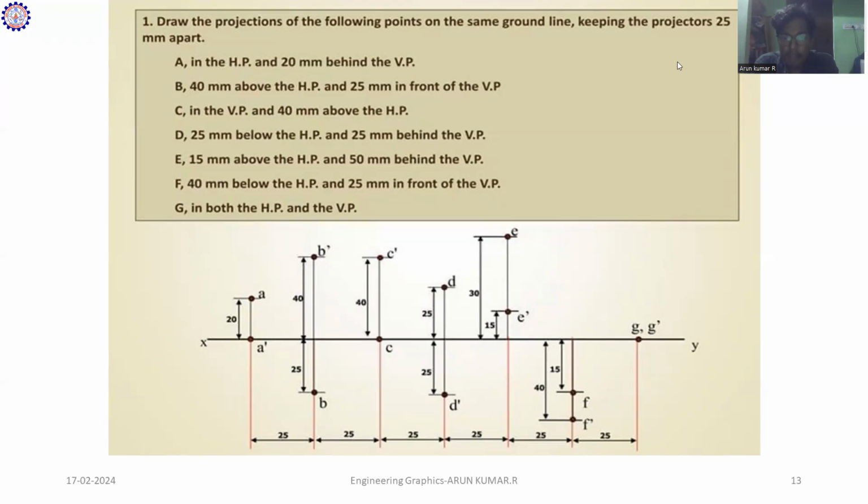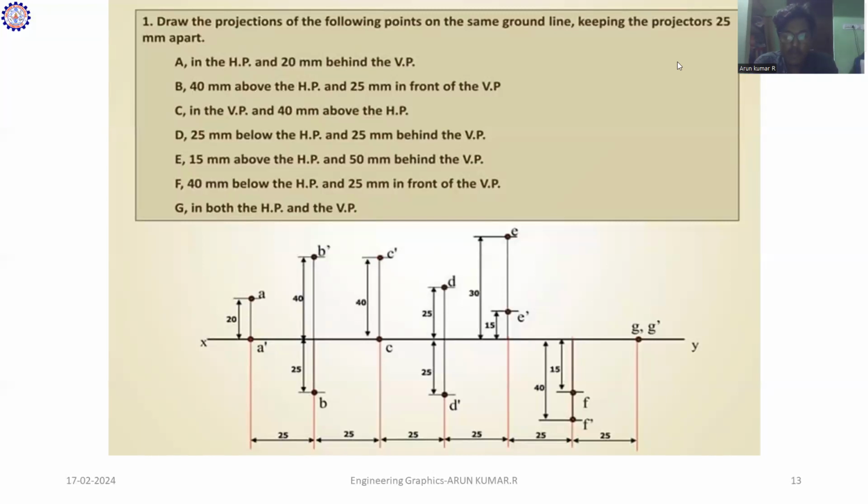Behind the VP means that whenever you rotate the HP plane in a clockwise direction, both the vertical plane and horizontal plane overlap. So this question is based on the second quadrant. Based on the second quadrant, the 20 mm is behind VP. So from the reference line, you have to mark a distance of 20 mm. That is the value of a. The A dash is placed on the reference line XY.